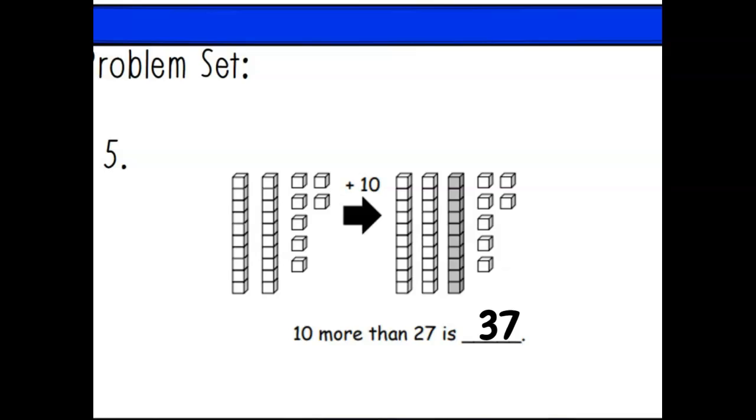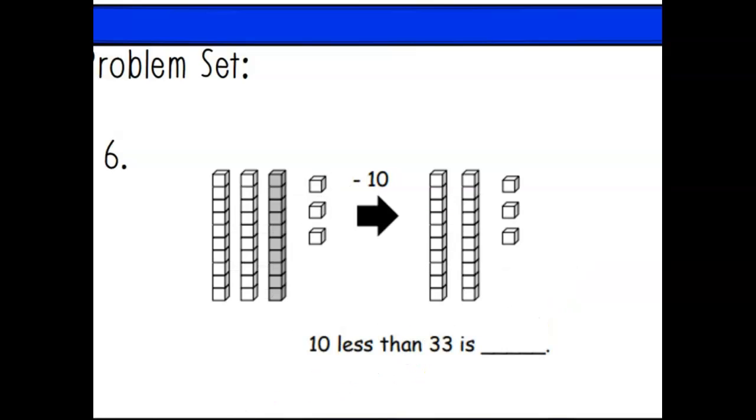All right, here we have 10, 20, 21, 22, 23, 24, 25, 26, 27. What is 10 more than 27? Let's see if you can figure it out. Did you say 37? Good job.